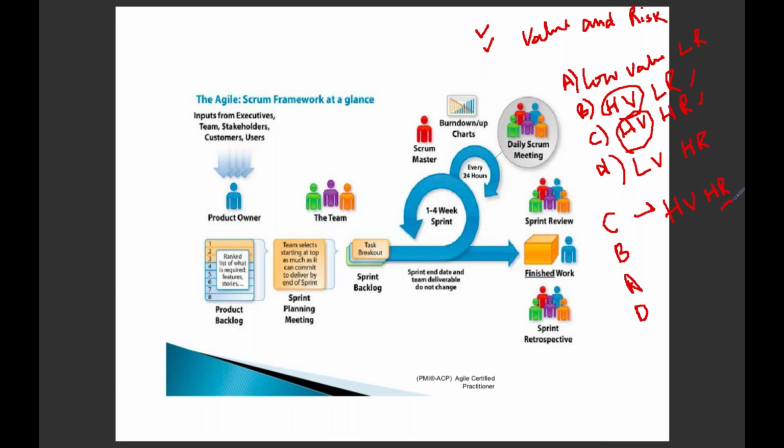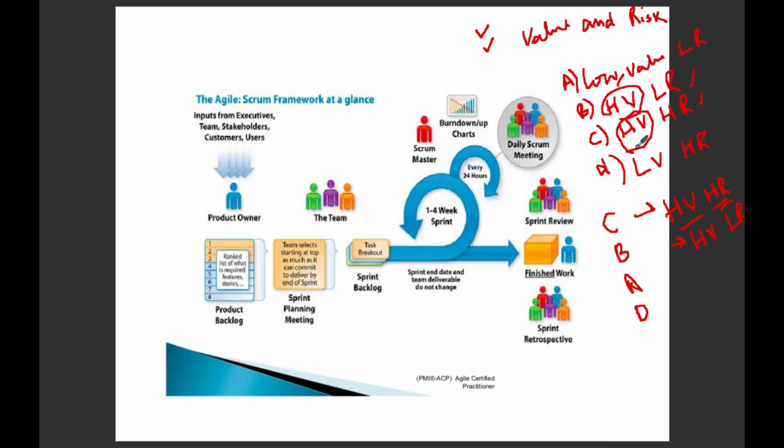If the risk of failure is high, do this first. If that failure happens in the third or fourth iteration, the efforts of the initial iterations go for a toss. Take the risk. If there is a chance of failure, fail early. So that is high value, high risk. Then you do high value, low risk. High value should always be first. There's no question about that. So CB is correct.